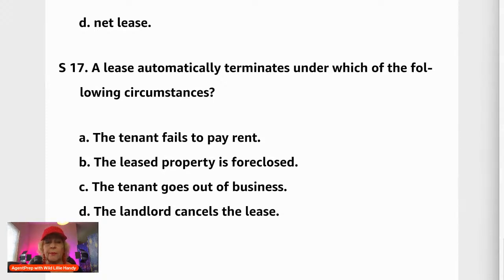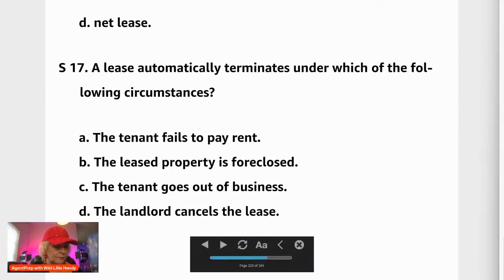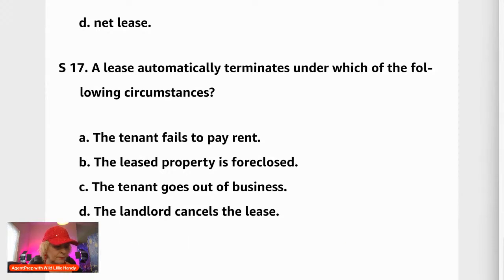So a lease automatically terminates under which of the following circumstances? So think about it here. When a tenant fails to pay, does it automatically terminate? When the lease property is foreclosed, maybe. When the tenant goes out of business, not necessarily. The landlord cancels the lease.